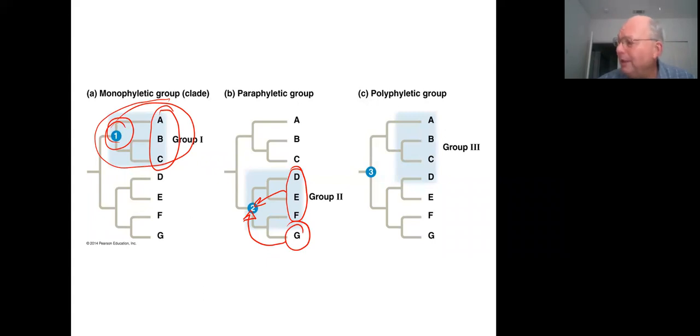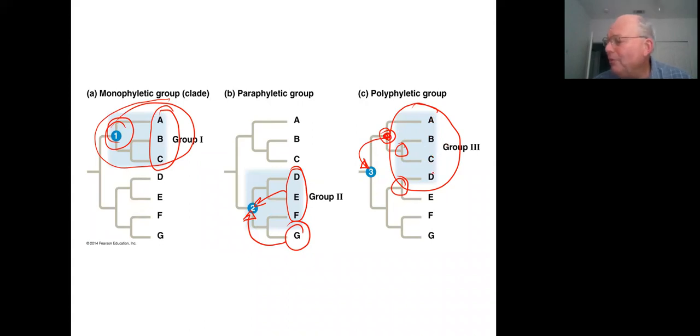A polyphyletic group comes about when you have a lot of organisms that are grouped together that may share a common ancestor in the deep past, but do not share a common ancestor in the immediate past. All right, so the common ancestor of A, B, and C sits here.